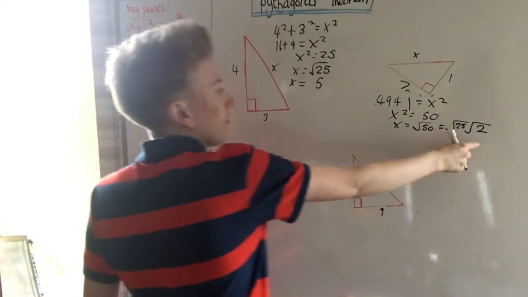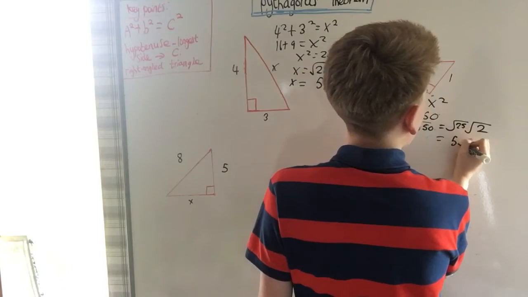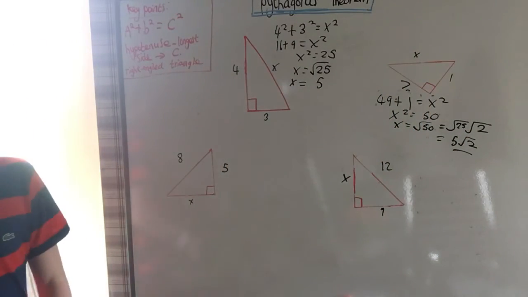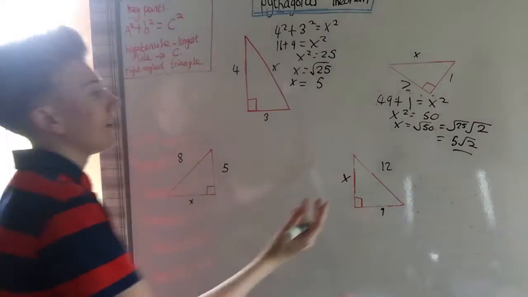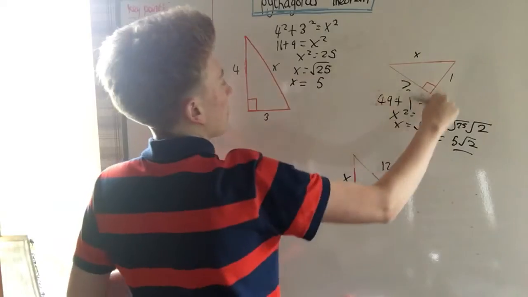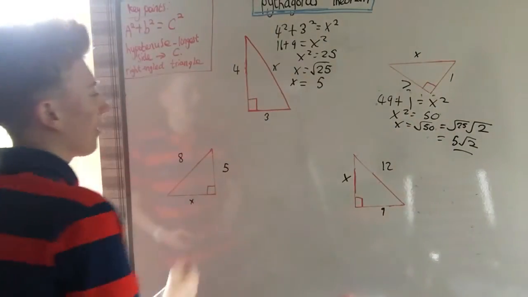So whilst the square root of 2 cannot be simplified, the square root of 25 can. This is just 5 multiplied by root 2. 5 root 2. Now if you're not familiar with surds, then don't worry about this section here. Just worry about the application of this formula. So all you need to know is how we use it to get to an answer.